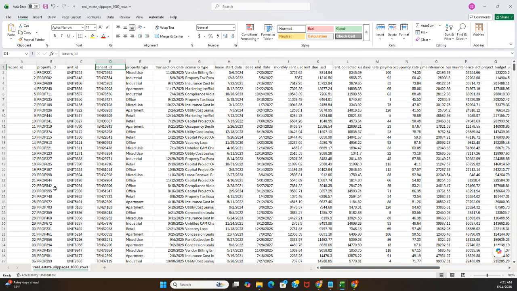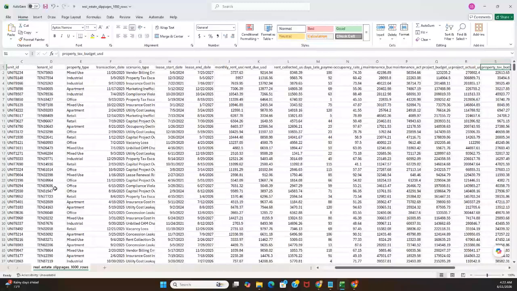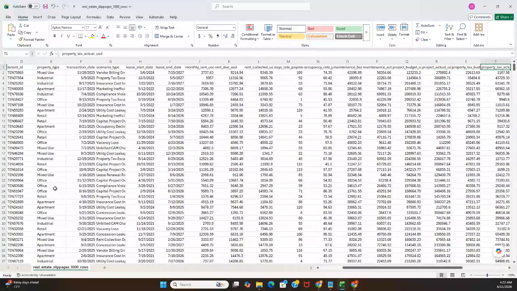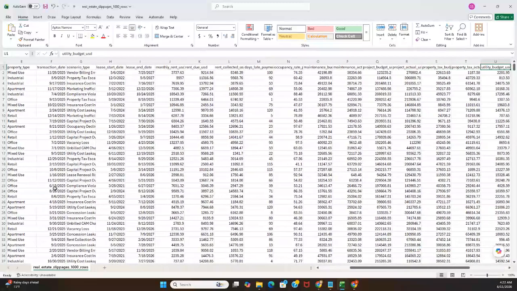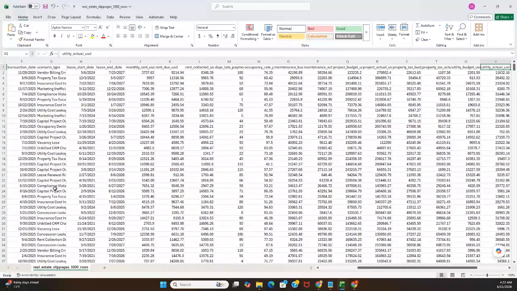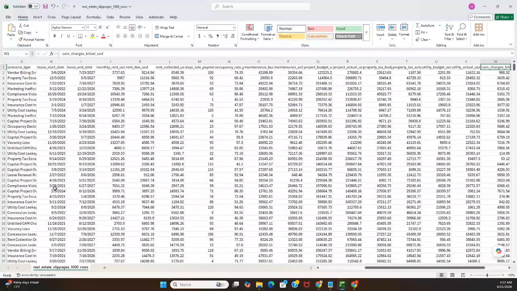Then you have unit ID, tenant ID, property type, transaction date, scenario type, lease start date, lease end date, monthly rent in dollars, rent due in dollars, rent collected in USD, last payment date, occupancy rate percentage, maintenance budget USD, maintenance actual USD, project budget USD, project actual USD, property tax budget USD, property tax actual USD, utility budget USD, utility actual USD, CAM charges billed USD.